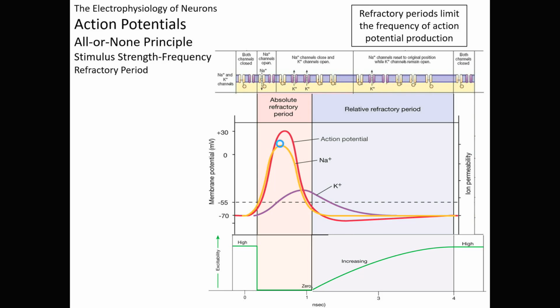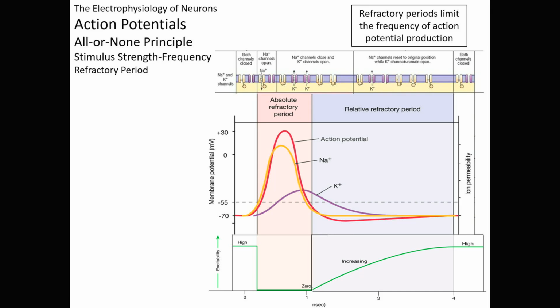I'm mostly going to direct your attention to the very bottom of this figure, where it's talking about the excitability of a neuron as a function of time. Excitability is a measure of how easily we can get this neuron to generate an action potential. How responsive is it? How capable is it of generating an action potential?